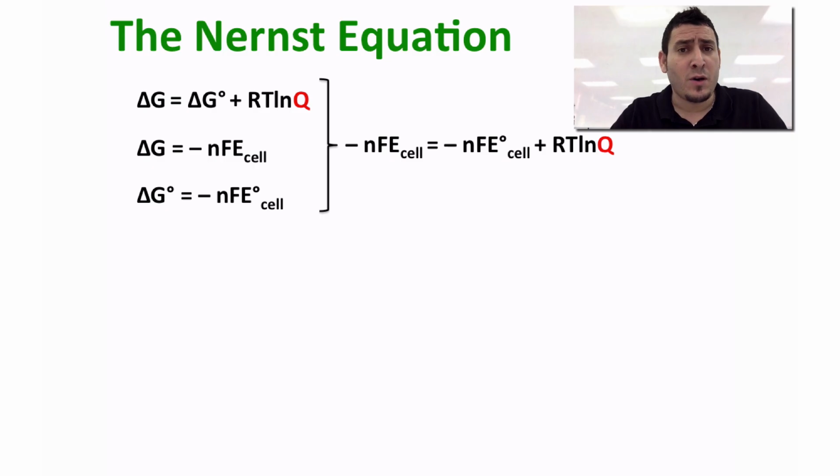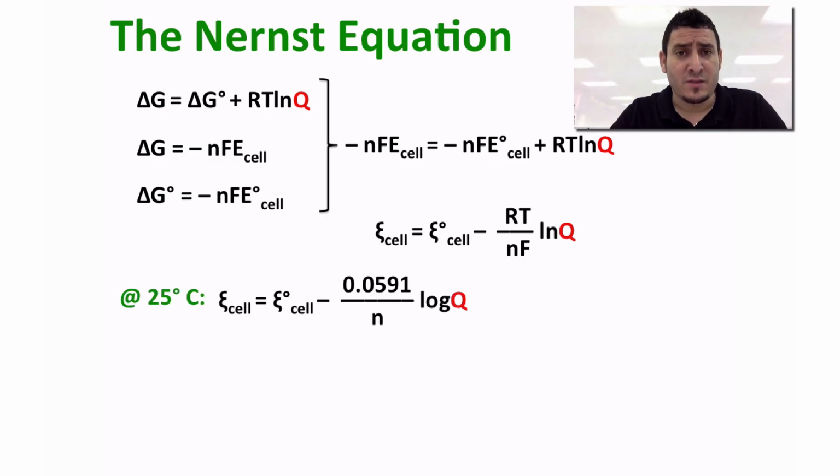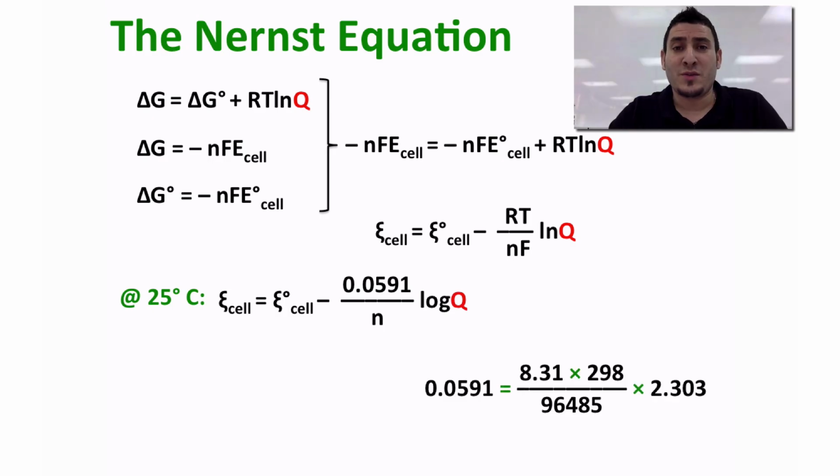If we divide both sides by minus nF, the equation becomes E cell is equal to E0 cell minus RT divided by nF ln Q. At 25 degrees Celsius, this equation can be modified to give E cell is equal to E0 cell minus 0.0591 divided by n log Q. The 0.0591 value comes from replacing R, T, and F by their values.